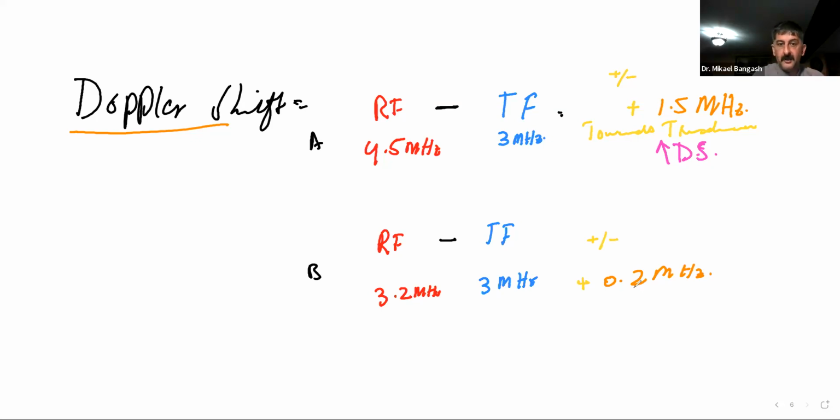Positive means that in this case the red blood cell is moving towards the transducer. But in example B, we have a lower Doppler shift, because the difference between the frequencies was only 0.2 megahertz.